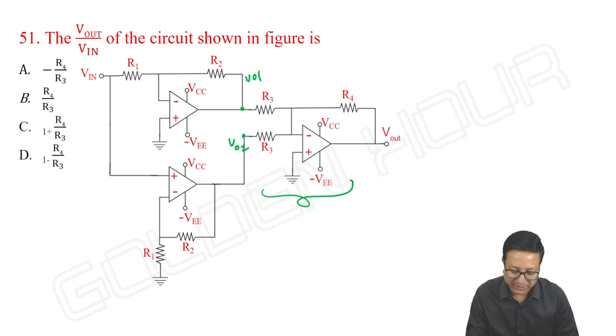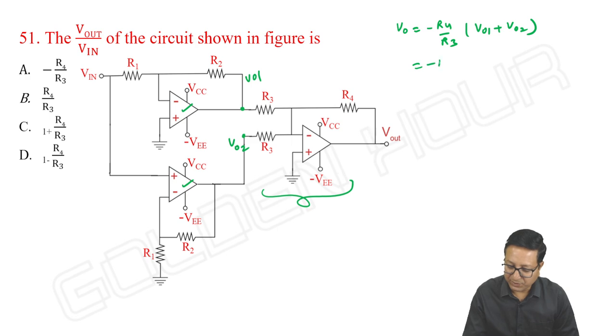And what about VO1? The same input is given to this op-amp and this op-amp. So VO1 is equal to minus R2 by R1 into VI, right? Or let me write V output as equal to minus R4 by R3 into VO1 plus VO2.